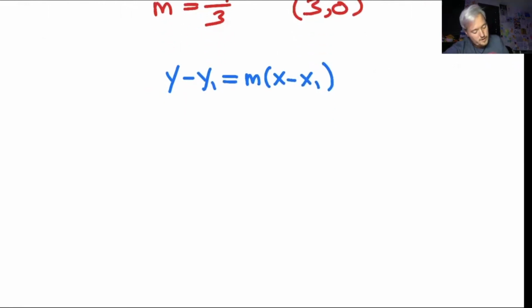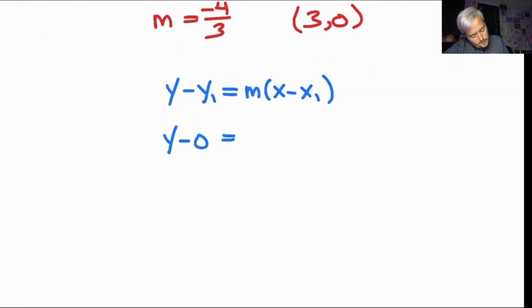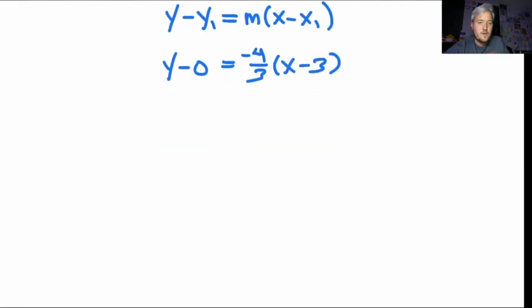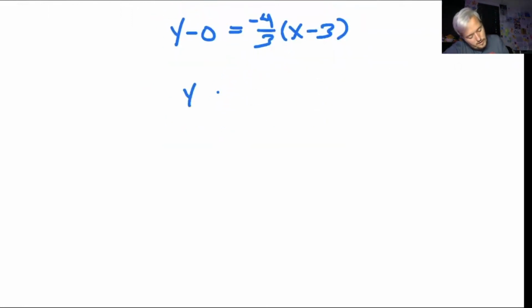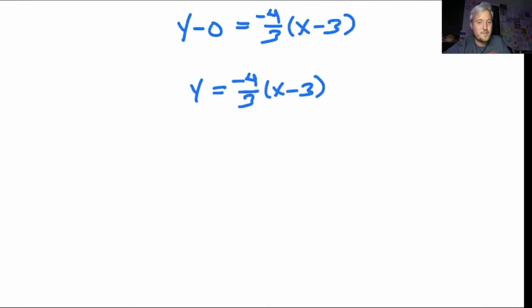All right, so now I'm going to have y minus 0 equals negative 4/3 times x minus 3. So I'm going to have y equals negative 4/3 times x minus 3. Because I'm dividing by that 3 and it's negative, I'm going to multiply both sides by a negative 3.